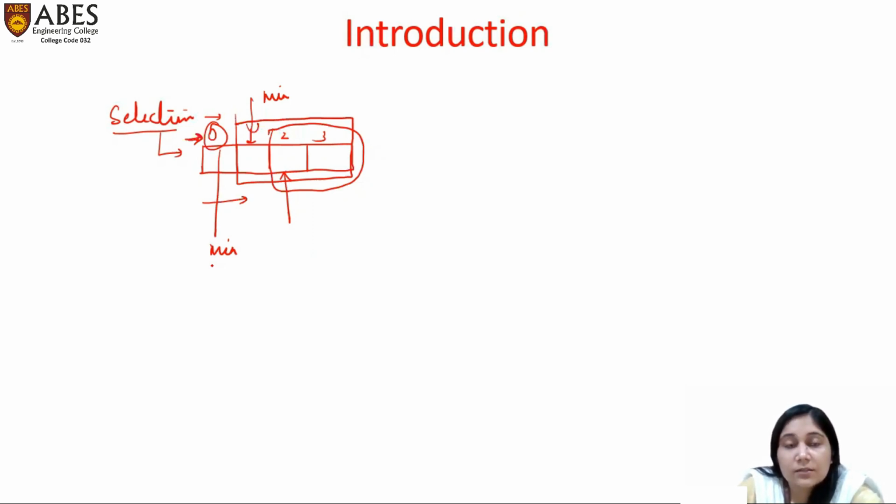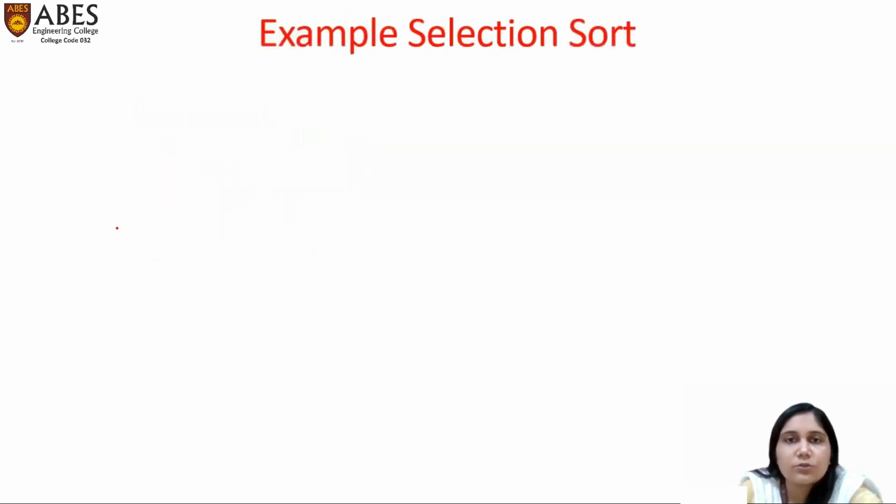So, as the name suggests, every time we are selecting a number of our choice as the minimum element, and then comparing that element with the rest of the array. I'm going to discuss a particular example, so it will be easy for you to understand how we are going to deal with this.